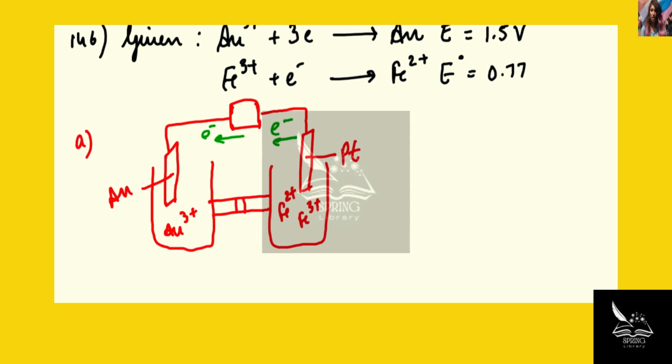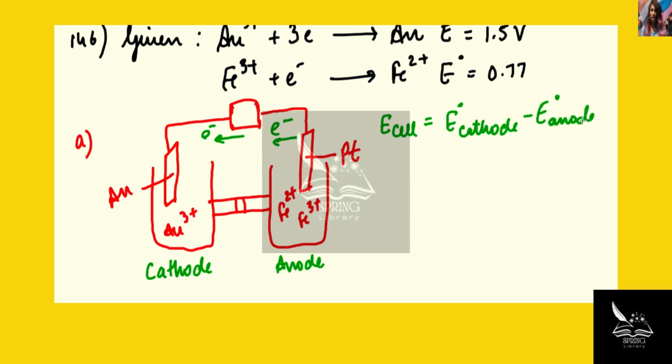By looking at this, I can say gold is cathode, and iron is anode.